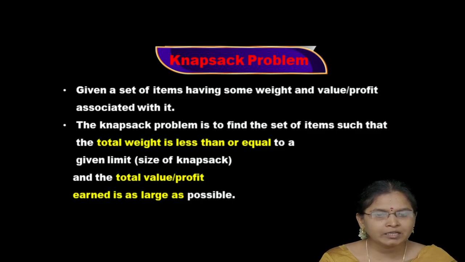Next one is the knapsack problem. We are given a set of items that have some weights and profit values associated with them. The knapsack problem is to find the set of items such that the total weight is less than or equal to a given knapsack limit and the total profit value earned is as large as possible.